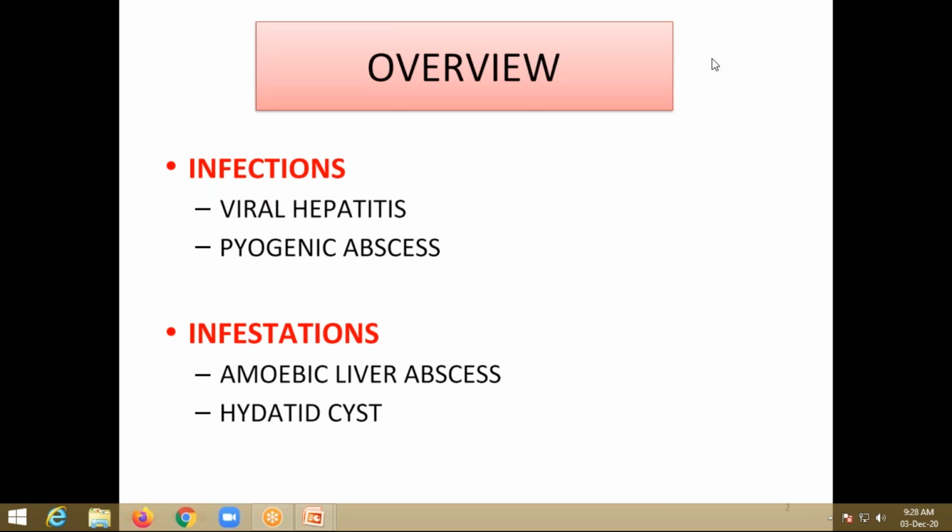It can be caused by hepatitis A, C, or B viruses, or hepatitis E. The most common ones are hepatitis B and C, followed by hepatitis A. The common bacterial infection is pyogenic liver abscess, particularly in patients with low socioeconomic status who take polluted water, etc., as the diet. And among infestations come the parasitic ones, that are amoebic and hydatid cyst.